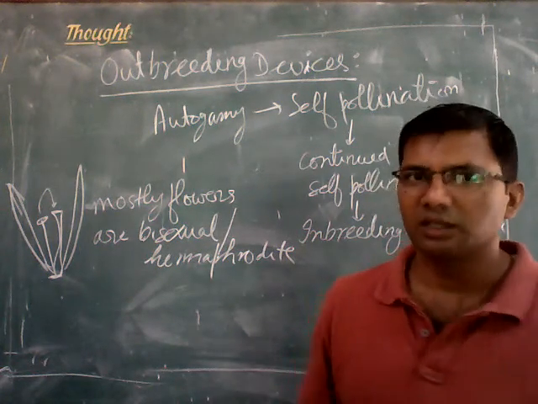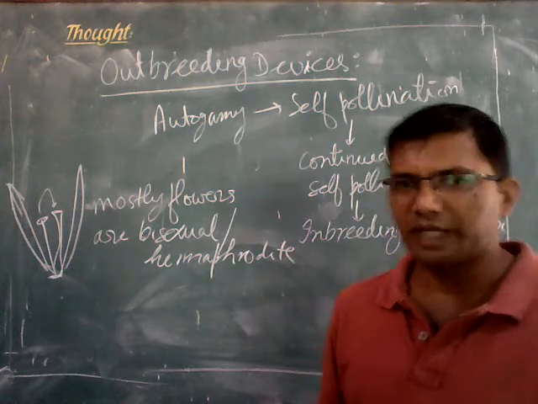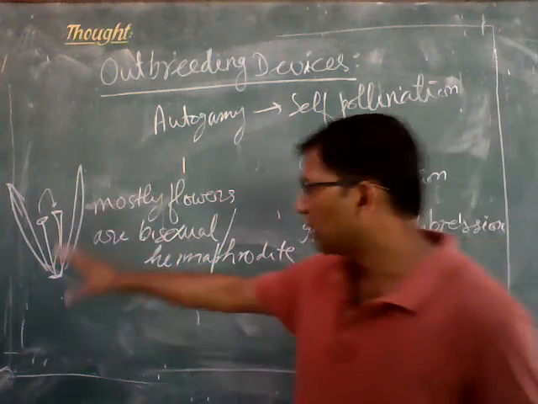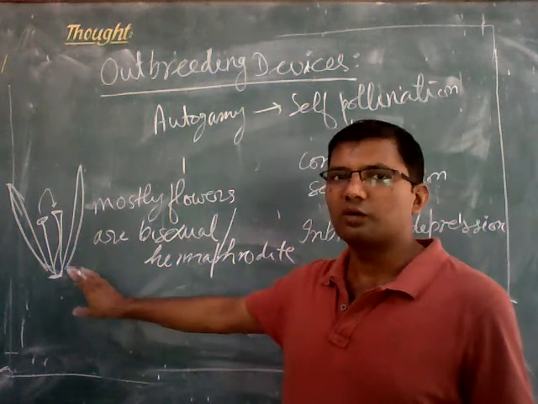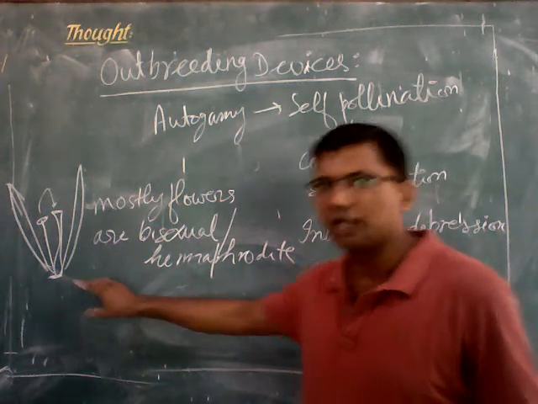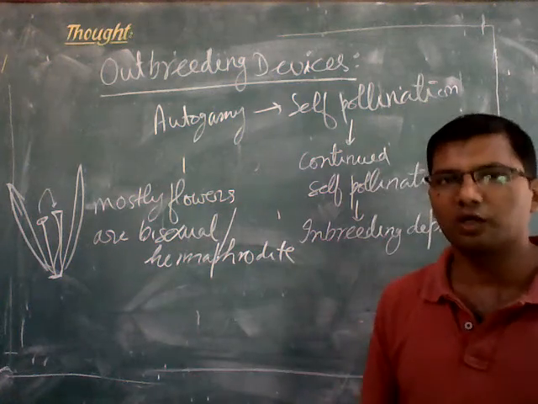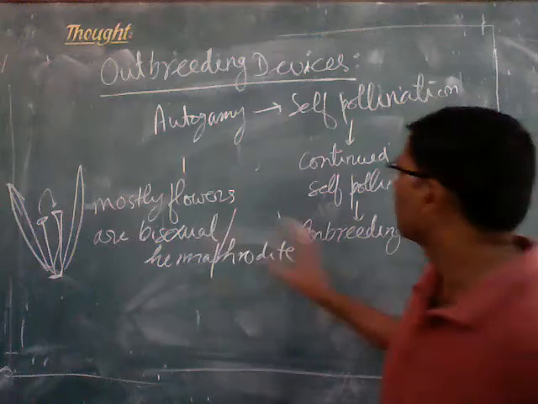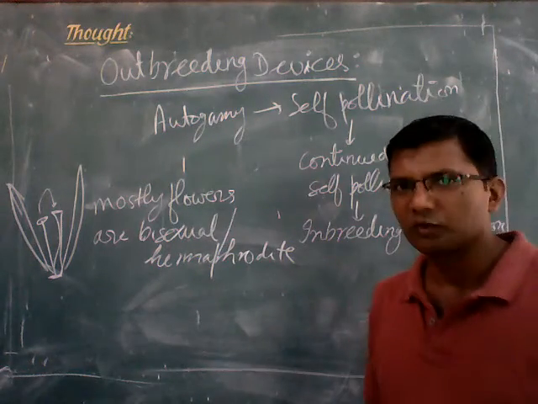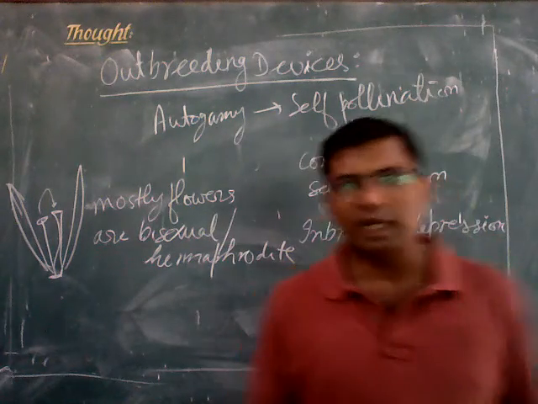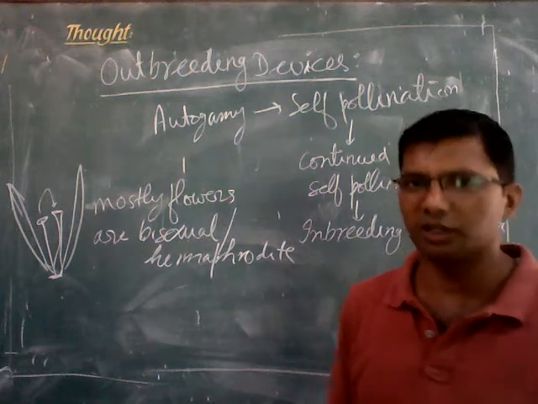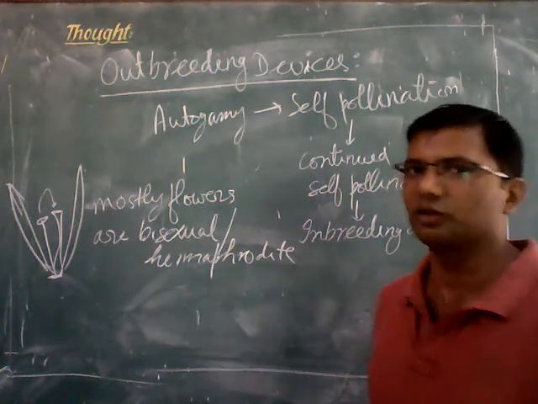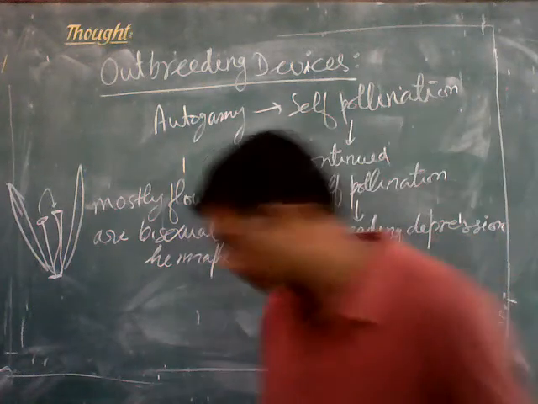For that, there are various mechanisms which have developed in nature which suppress the inbreeding or which suppress the self-pollination and which help in the outbreeding or which help in the cross-pollination. Okay, so that is the part of the outbreeding. So how does nature accomplish this outbreeding? How does nature avoid the self-pollination? That is what we are going to discuss.